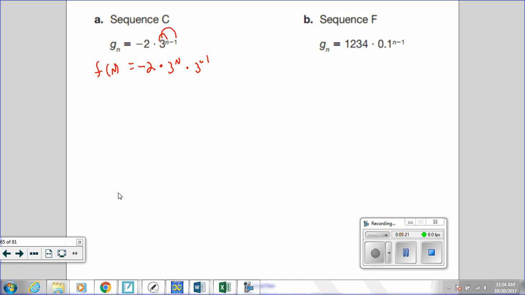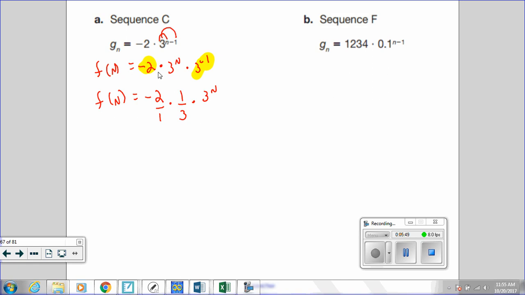Now our third step is to multiply the constants. Our constants here are -2 times 3 to the -1. Now if you have a graphing calculator, you could type it right in. But if you do not, you want to convert this into a fraction and just multiply those. So let me show you how that looks. You have -2 over 1, and 3 to the -1 is the same as 1/3.